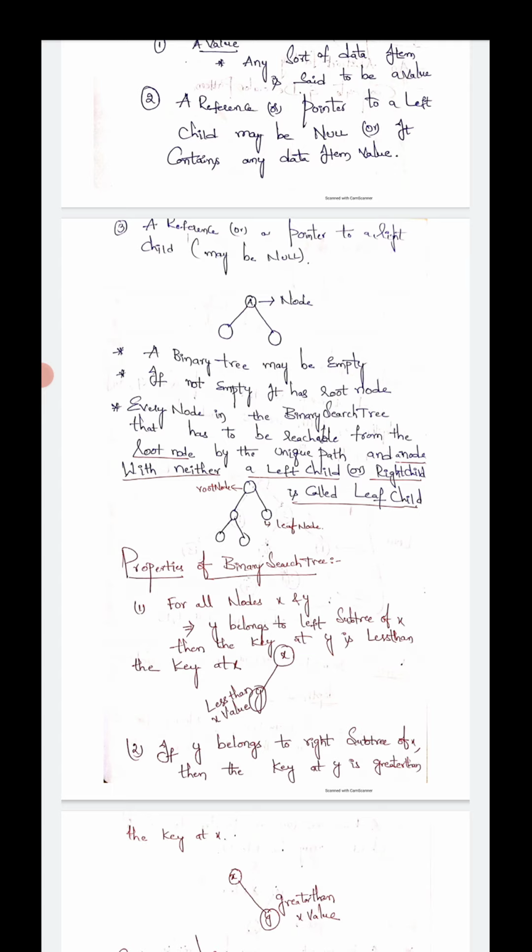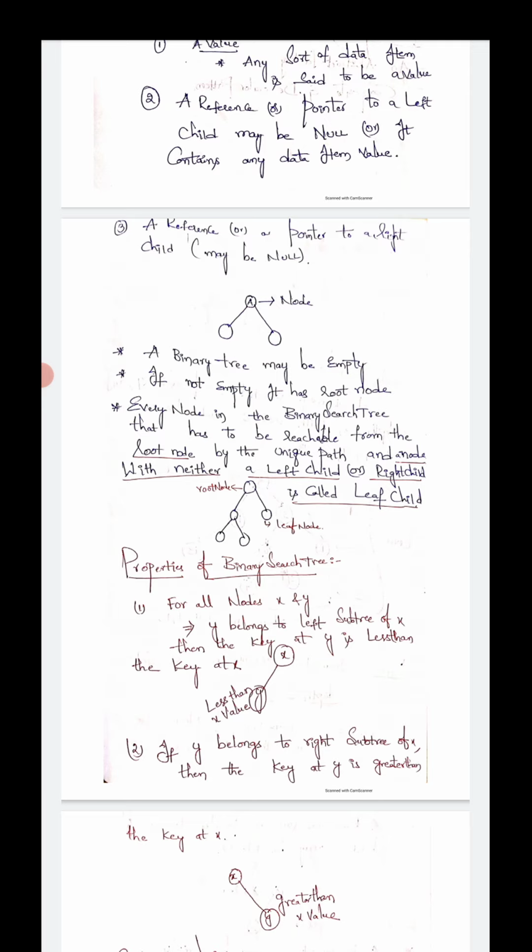Every node in the binary search tree has to be reachable from the root node by a unique path. One more important point: a node with neither a left child nor a right child is called a leaf node.